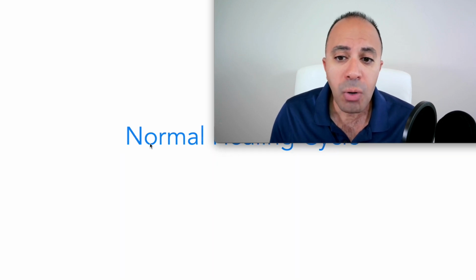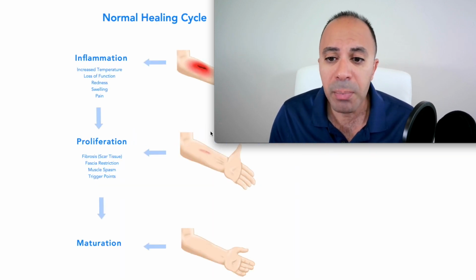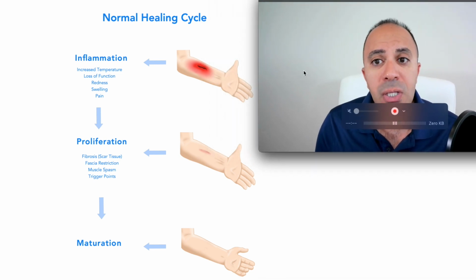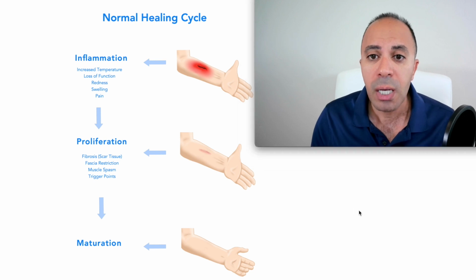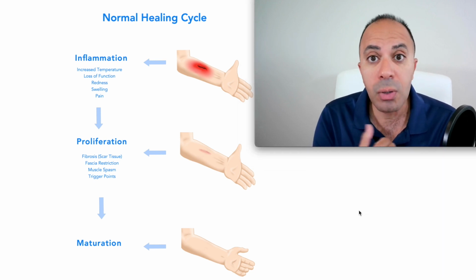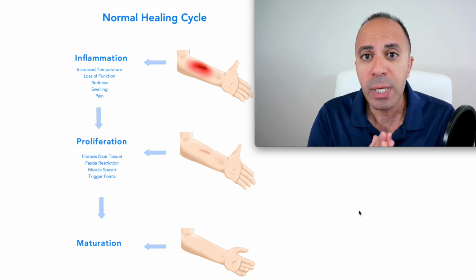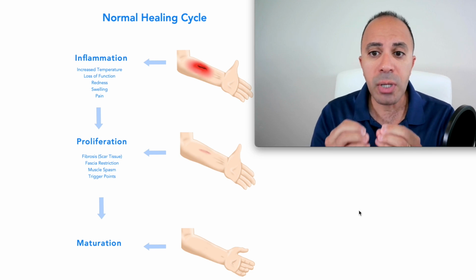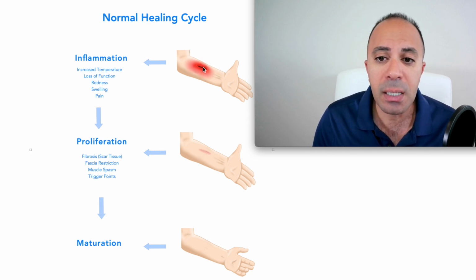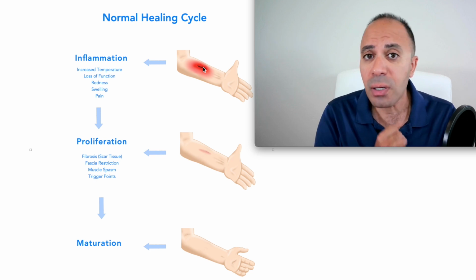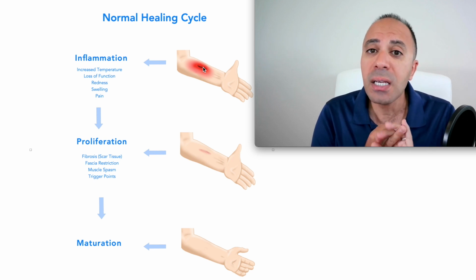For normal healing, I'm going to use an external paper cut for visualization, but the same process happens internally in the carpal tunnel area, compressing the median nerve. The first stage of healing, with an external paper cut or carpal tunnel inflammation, as you can see in the image, involves swelling and redness, the blood starts to rush to that area, and you experience pain and decreased function.